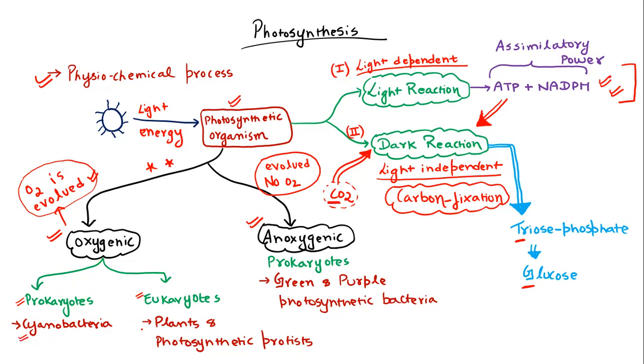While in case of eukaryotes, we have to remember the plants and the photosynthetic protists. On the other hand, anoxygenic, that is, no oxygen is evolved, such photosynthetic organisms are mainly grouped into the prokaryotic organisms, and green and purple photosynthetic bacteria are among the best examples belonging to that.